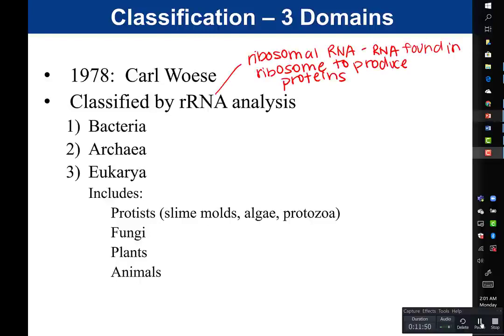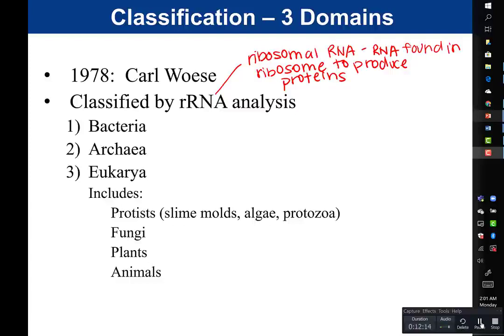This ribosomal RNA is a type of RNA that's found in the ribosome, which is an organelle used to produce proteins. If they compare the sequences of these ribosomal RNAs, the more in common, meaning the more similarities between their sequences, the more closely related they are.